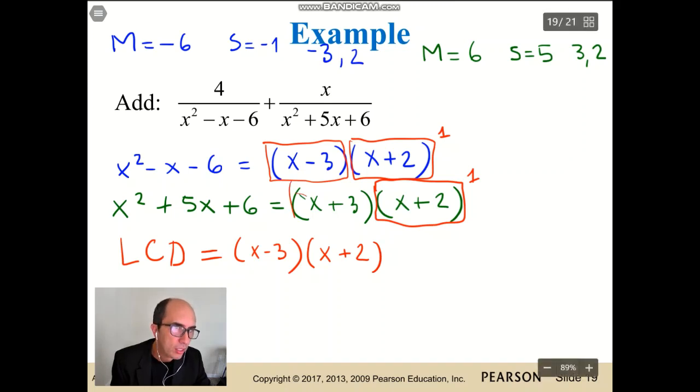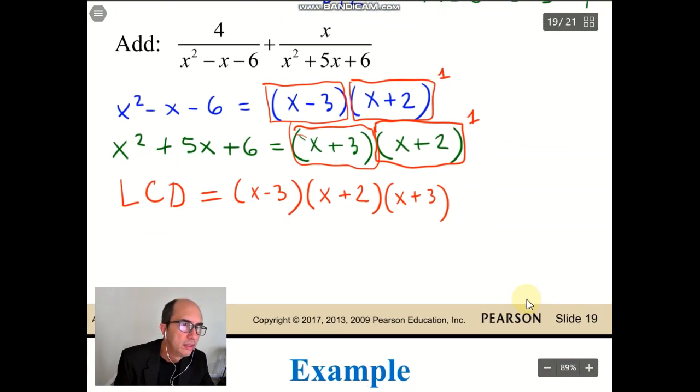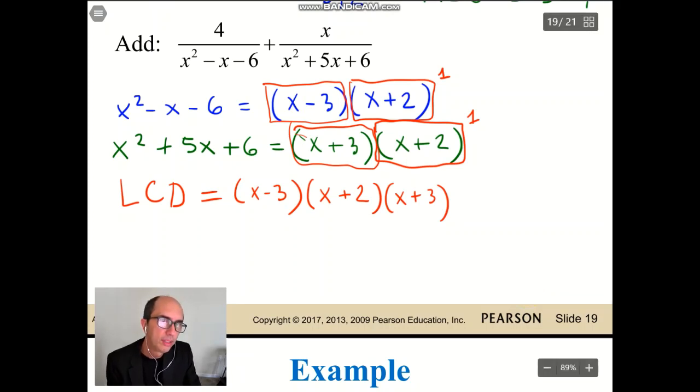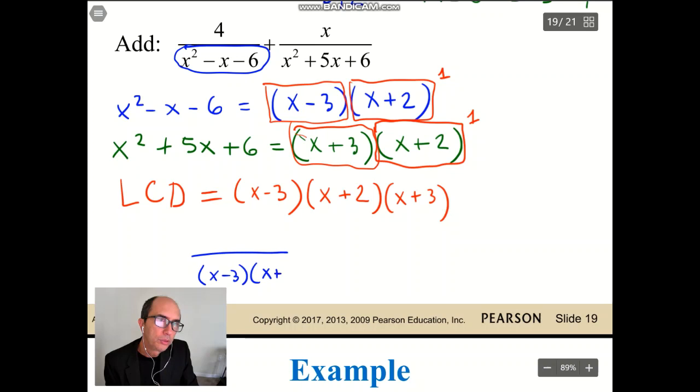And there's another unique factor here, x plus 3. This is the least common denominator. Applying it to the addition of two different rational expressions, we have here on the bottom this one. Let's write the equivalent: it is x minus 3 times x plus 2, right? And here on the top, 4.